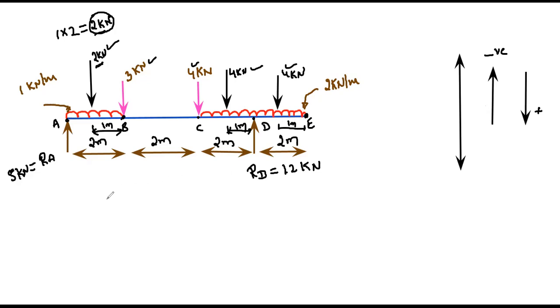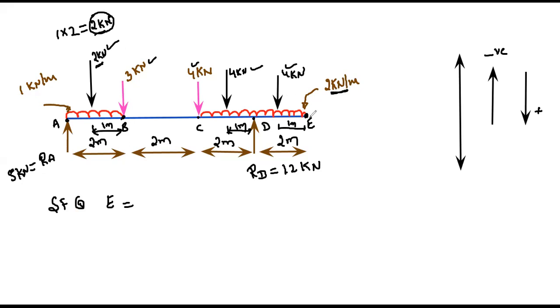Now shear force at point E. At this point we don't have any point load, but between E and D we have this point load, because we have converted this 2 kilonewton per meter UDL into a point load.